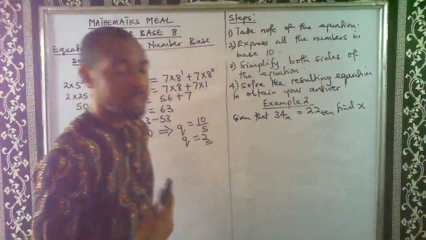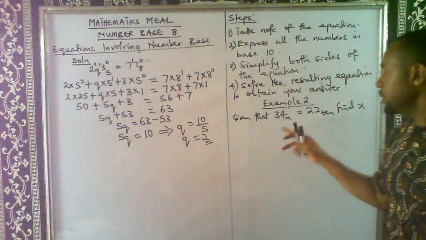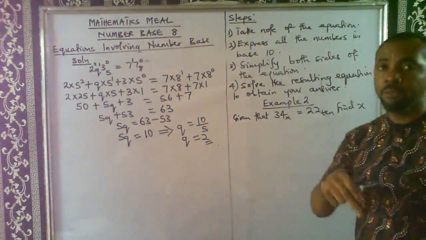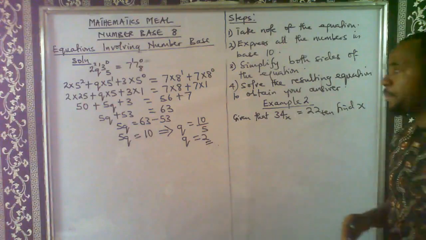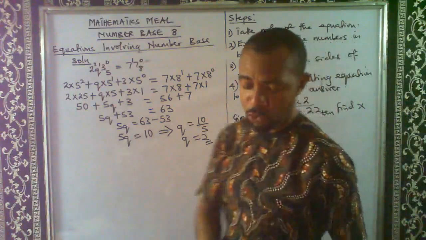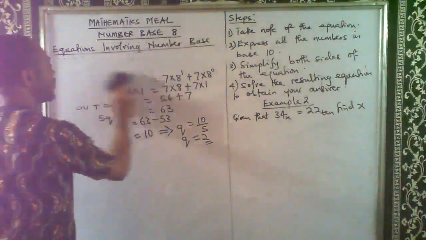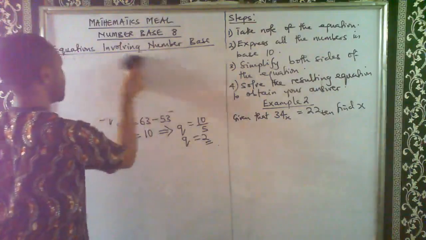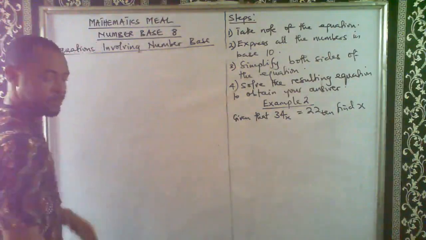Now in the first example, the unknown is a digit. Then in this example, the unknown is a base. So you see it. This is a number-based equation. So we also follow the same process, the same procedure to solve this. The same method. Nothing will change.